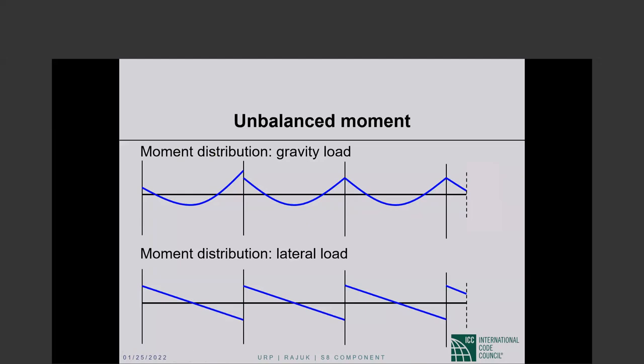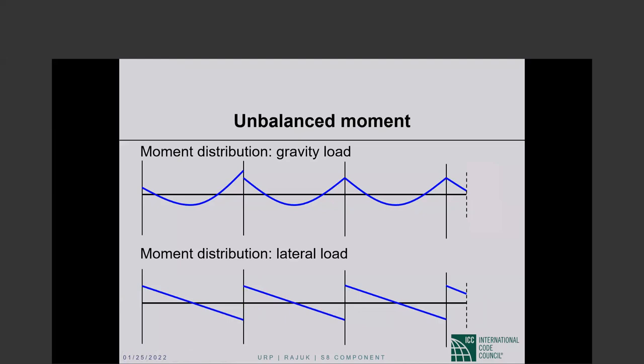However, when the same slab system is subject to lateral loads due to wind, earthquakes, or whatever, the bending moment diagram due to the lateral loads is now shown by these blue lines. And now at every interior support, the unbalanced moment is the sum of the moments to the left and the right of the support.